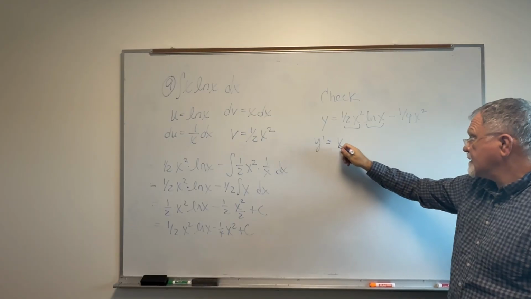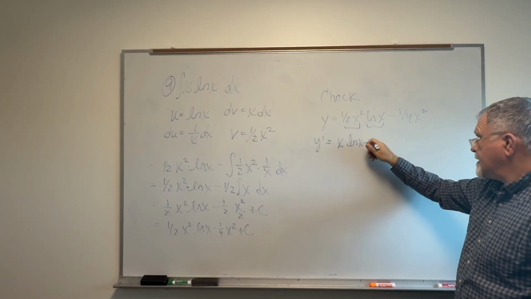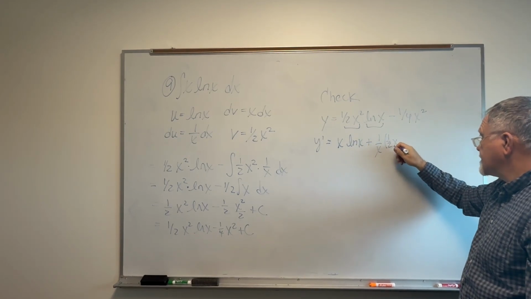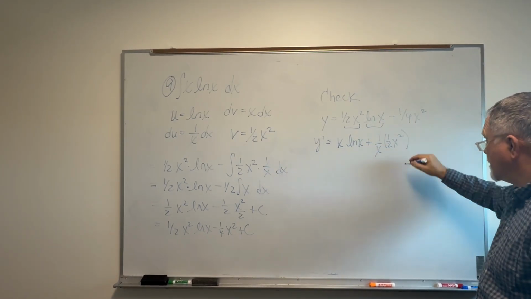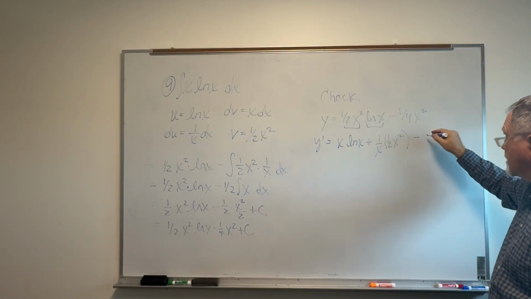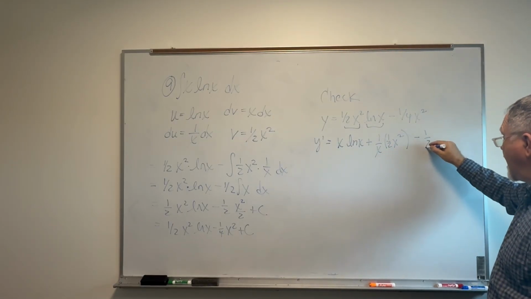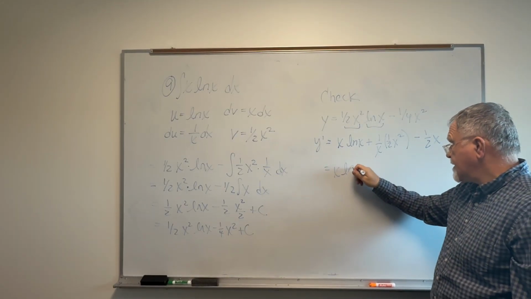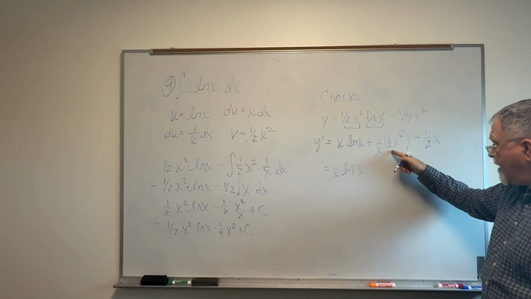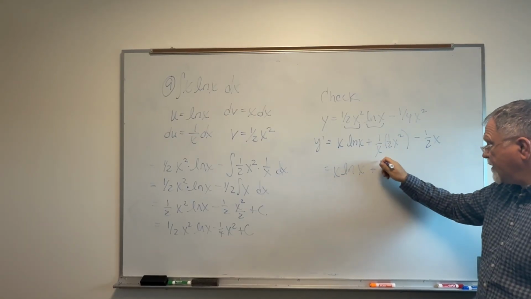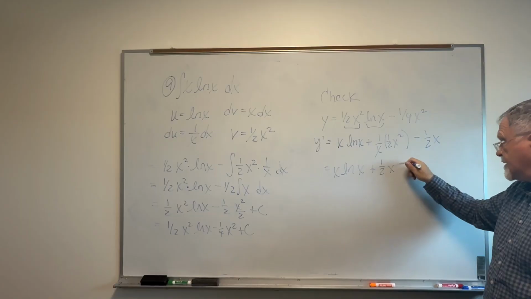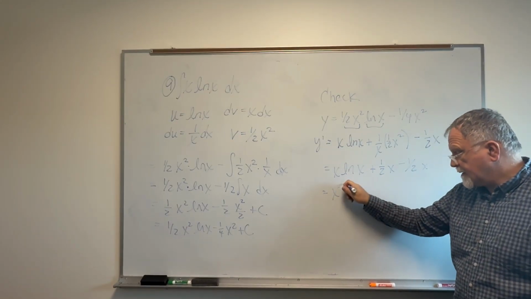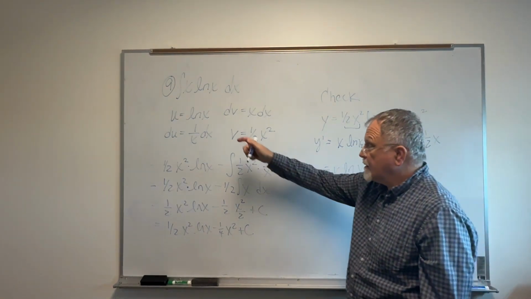That's just going to give me x times the second plus the derivative of the second, which is 1 over x, times the first, which is 1/2 x squared, minus the derivative of this, which is 1/2 x. So let's see what happens. I've got an x natural log of x. I've got 1/2 here, but then x squared divided by x, so this is just going to be plus 1/2 x minus 1/2 x. Those two quantities cancel, leaving me with x natural log of x, which was the integrand.